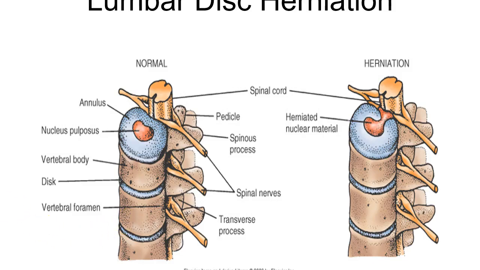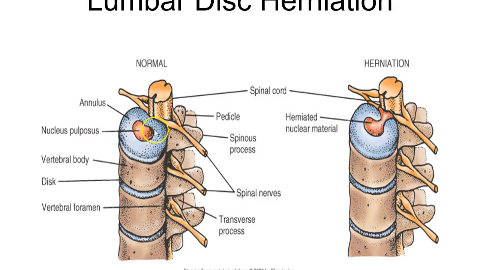So here is the normal versus the abnormal anatomy when we have a lumbar disc herniation. So here is the intervertebral disc, which provides us with cushioning and impact resistance, and it has a hard cartilaginous outer ring called the annulus, and then inside that, the nice soft nucleus pulposus.